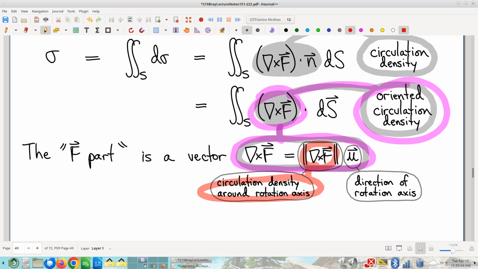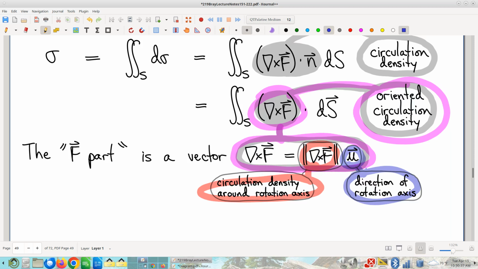In other words, at the point that you're looking at, there is some circulation happening there. And is it a lot of circulation, like a little tornado? Or is it just a gently turning, barely noticeable, subtle sort of a rotation of the fluid? The magnitude tells you. And then the direction tells you around what axis that circulation, that rotation, is happening.